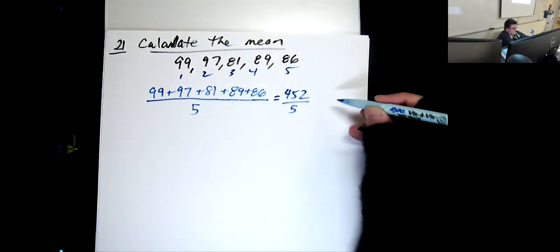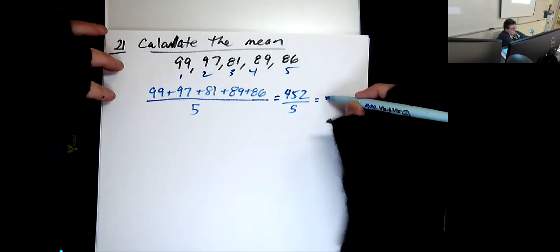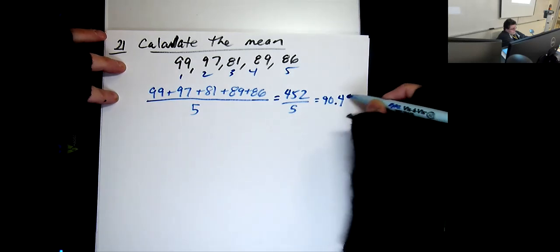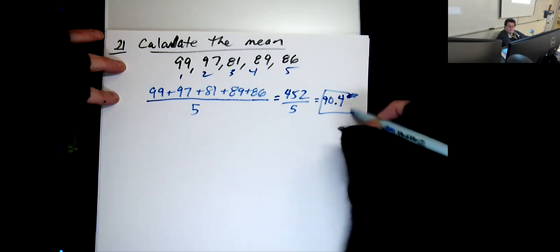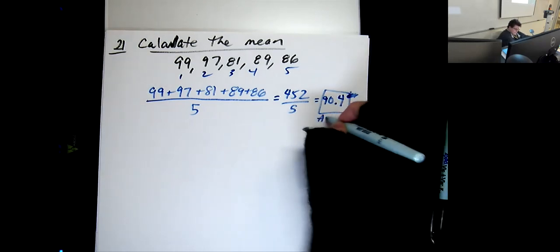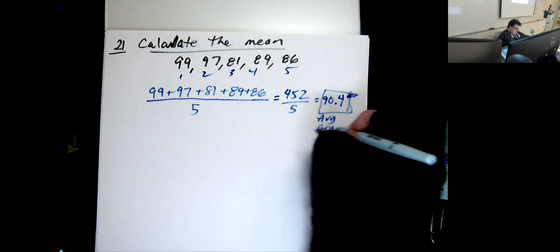And 452 divided by 5 is 90.4, right? So 90.4 is the average grade. It was grades on a quiz.